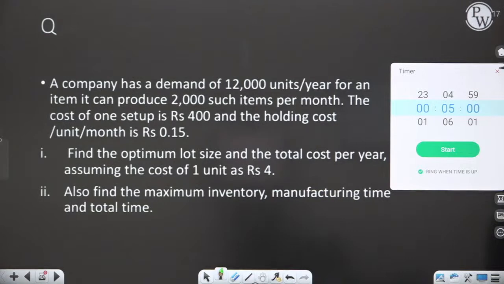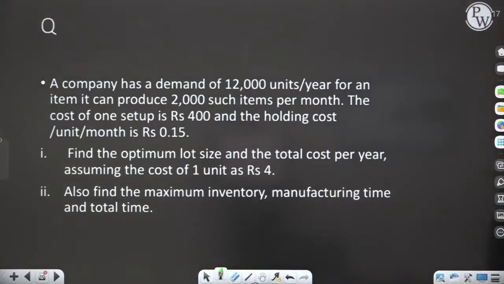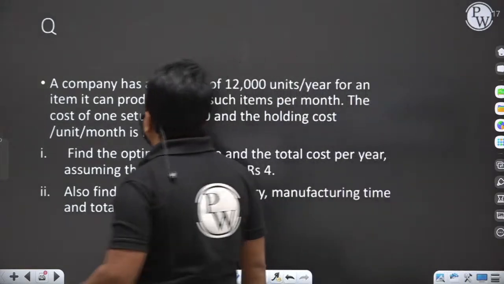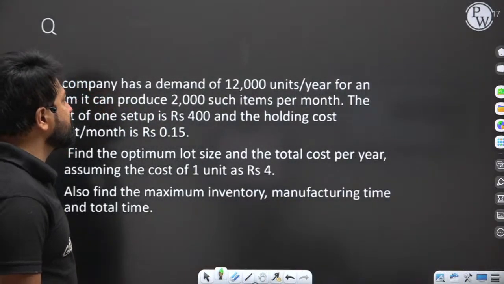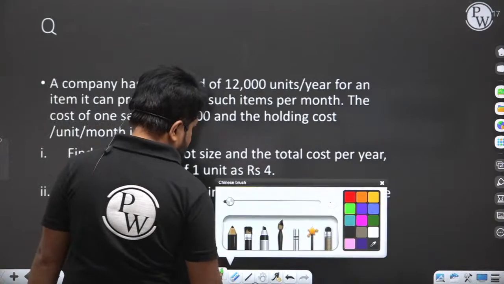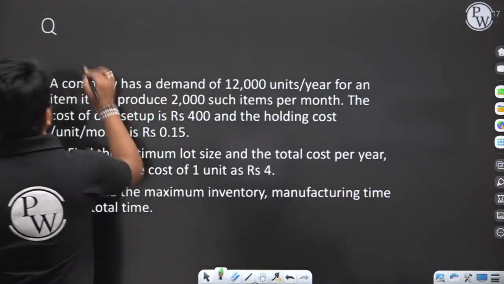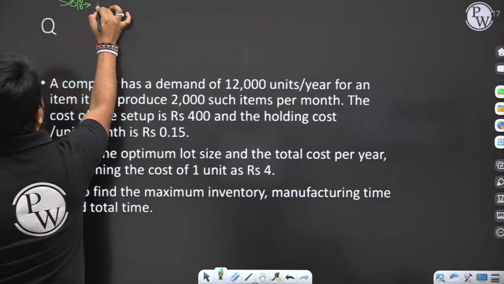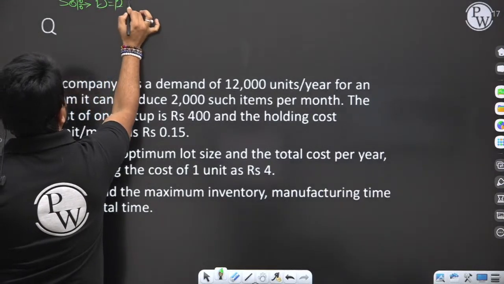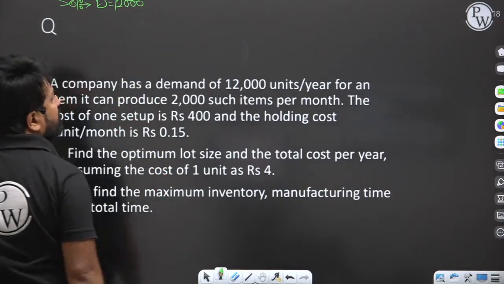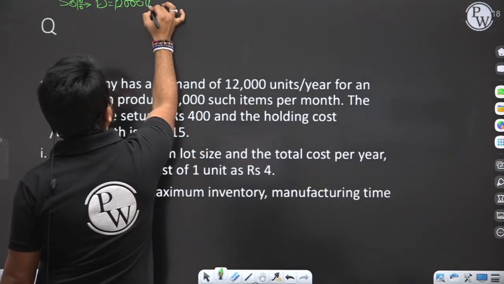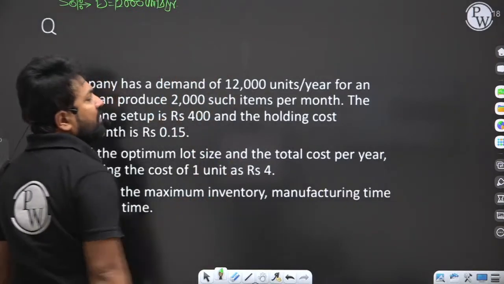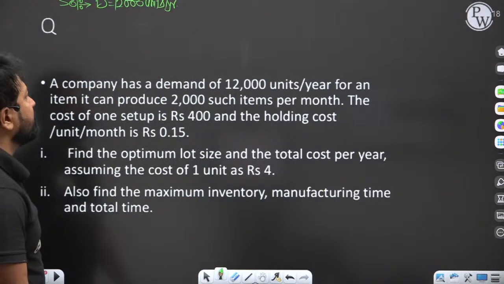Now, let me show you. A company has a demand of 12,000 units per year. Solution. Basically, demand is 12,000 units per year.